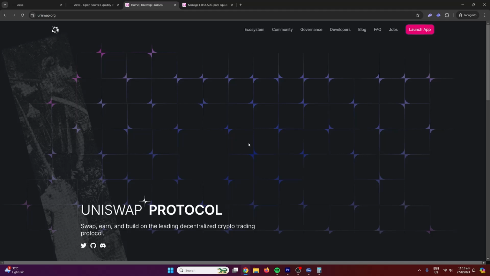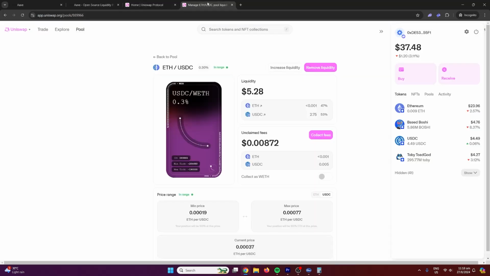Before we begin our tutorial, let us revisit our liquidity pool that I deposited into Uniswap last week. So if you have watched my last video, we deposited $5.28, or I think it was slightly more, in the liquidity pool. And as of this week, I have 0.00872 in fees.